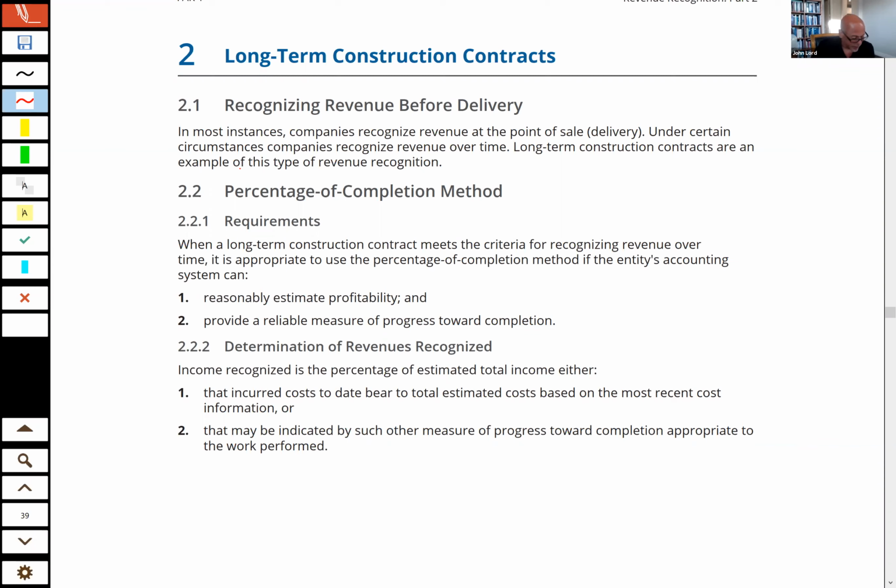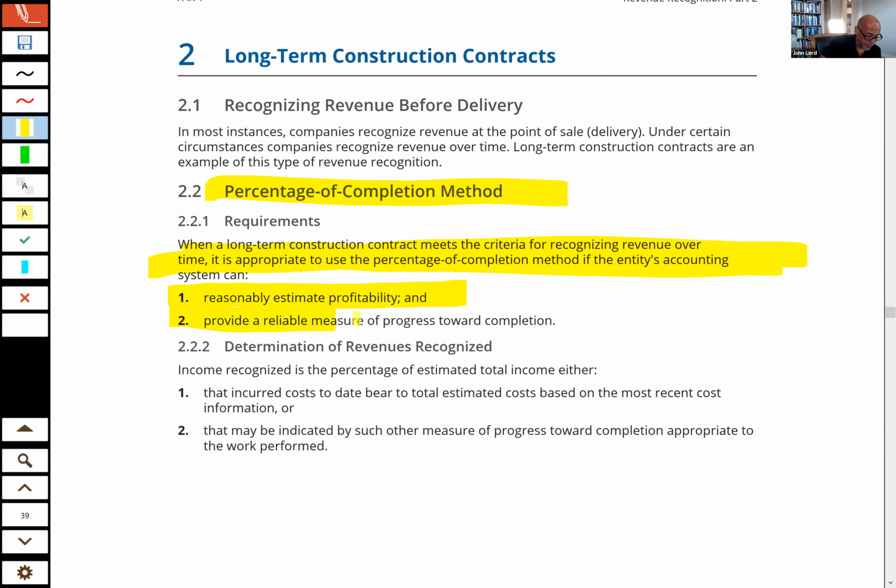You don't have to use percentage of completion if you can't reasonably estimate profitability and provide a reliable measure of progress towards completion.